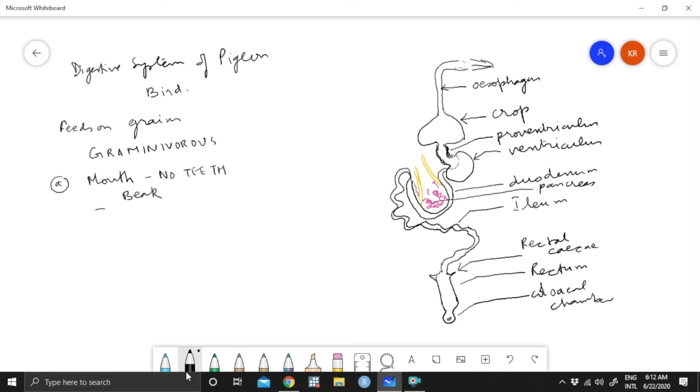It will have a tongue. The tongue is like this. So it is bifid over here, and anteriorly it looks like a triangular structure. It's a little muscular but not very muscular.